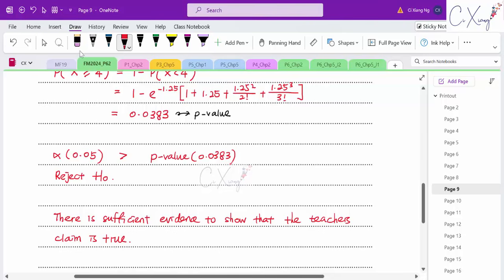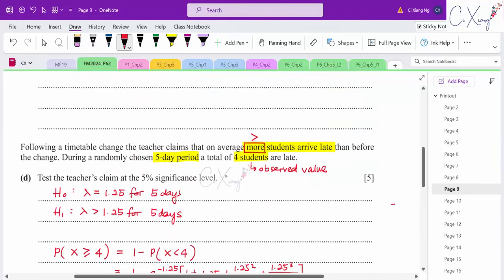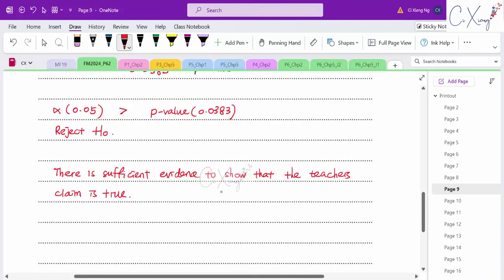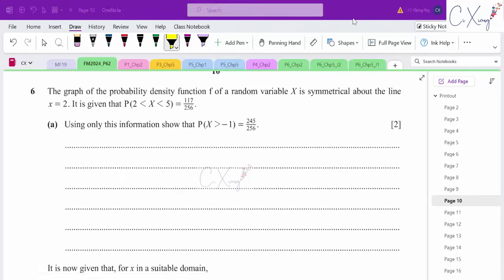Because we already reject the null hypothesis, that means all the values that we collected are enough to show that the teacher's claim is actually true. So this is how we make a conclusion, and this is how we solve question number 5.